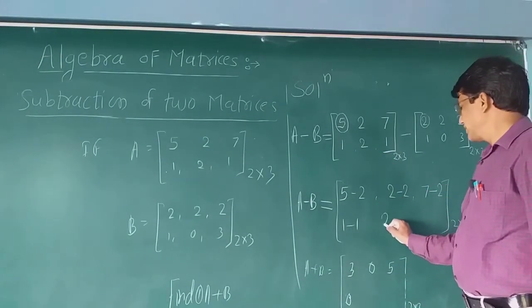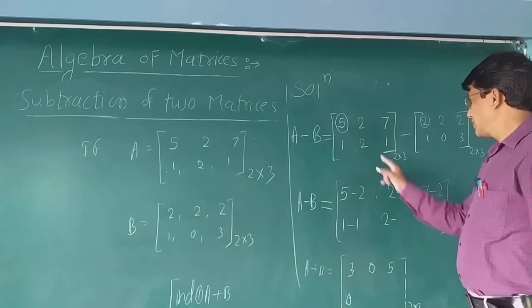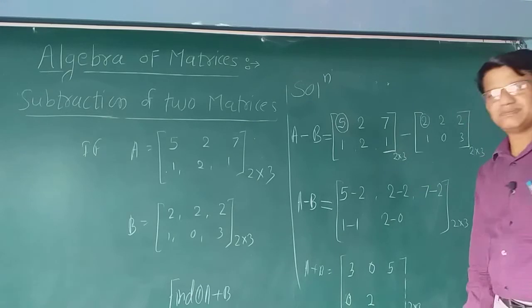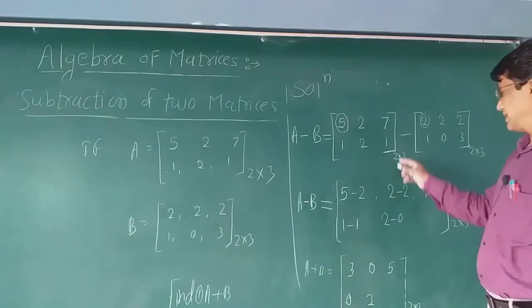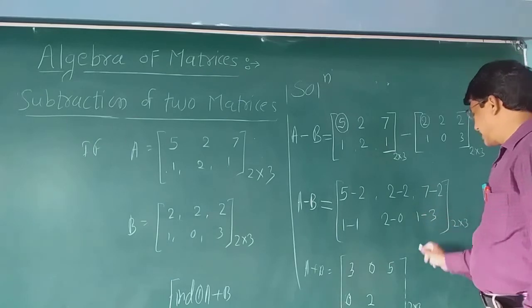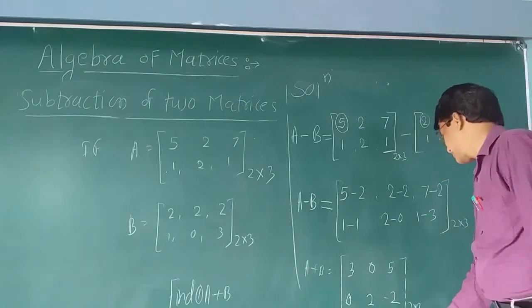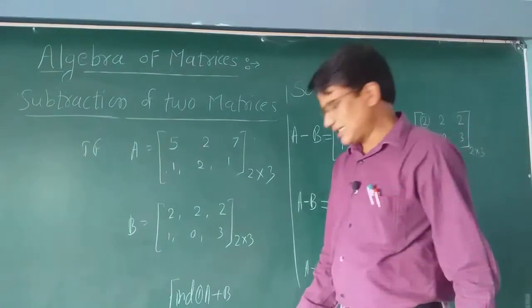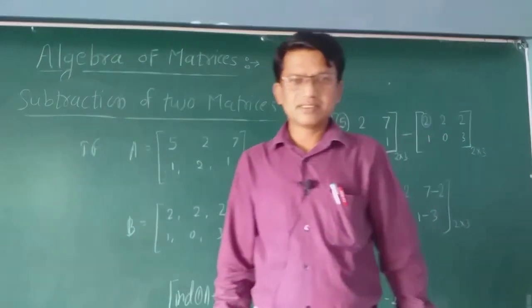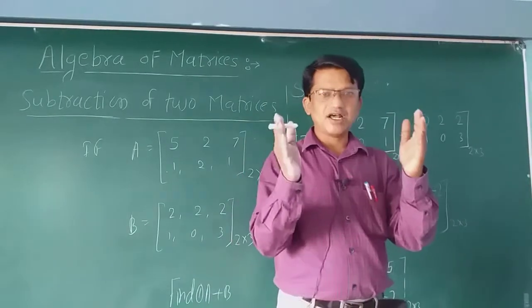After that, here number 2: 2 minus 0, answer is 2. And here the third one, 1 minus 3, answer is minus 2. Okay, and the order is the same. Instead of this plus, right here minus. Okay, this is about the subtraction of two matrices.